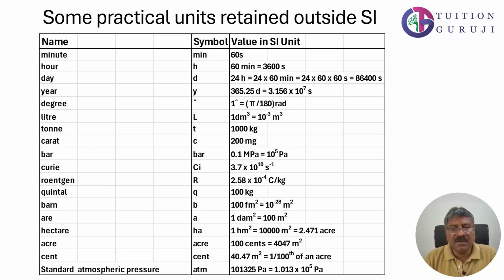From that we can derive that 1 degree is equal to pi by 180 radians. 1 liter is equal to 10^-3 m^3, whereas a ton is 1000 kg and 1 quintal is 100 kg.